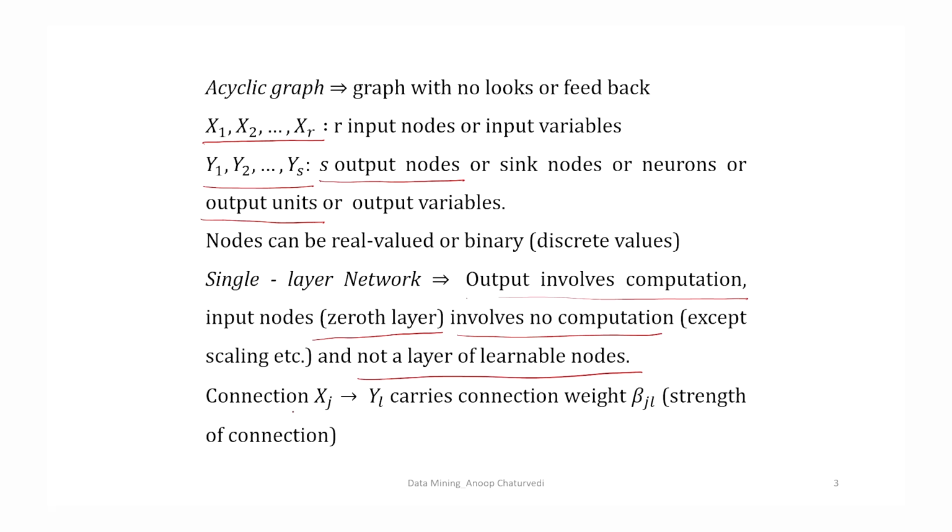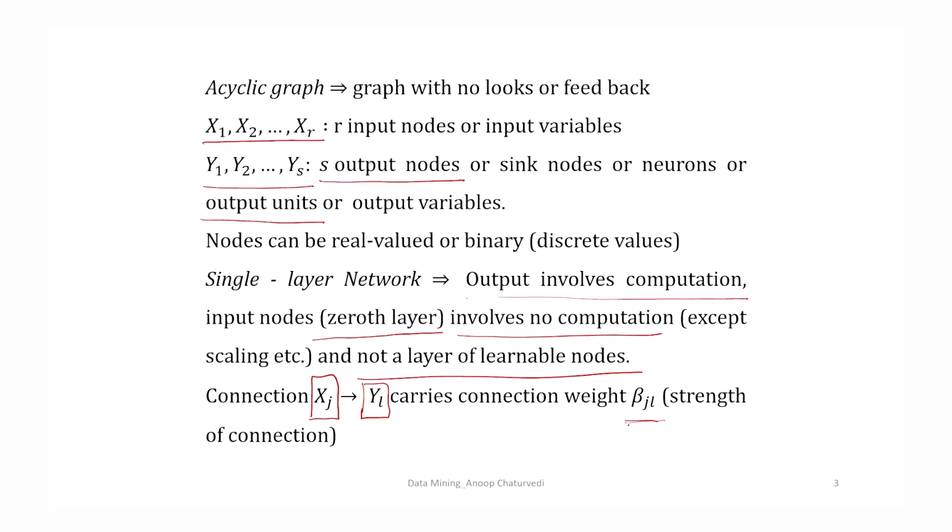Then the connection from x_j to y_l carries a connection weight, say beta_jl. So, x_j is the jth input variable, y_l is the lth output variable, and x_j is connected with y_l through a connection weight, say beta_jl.